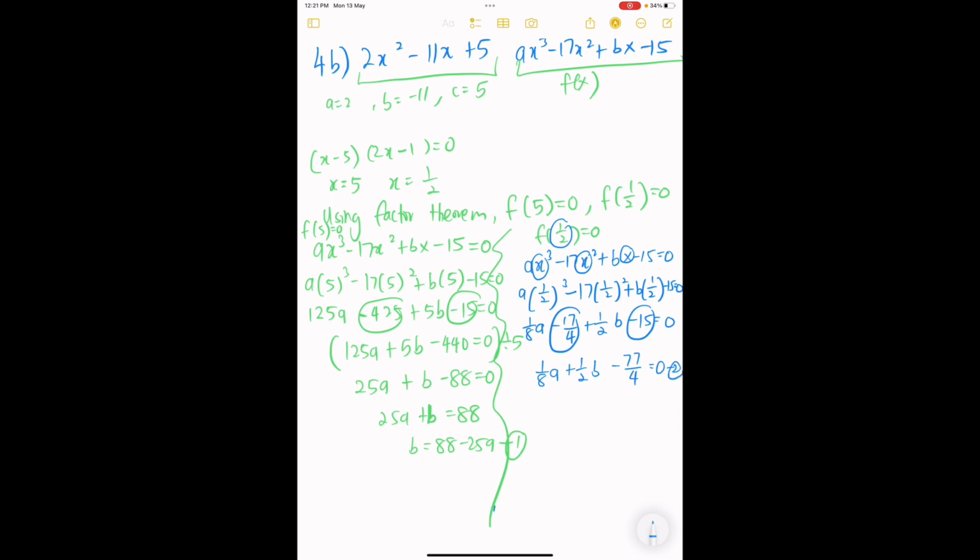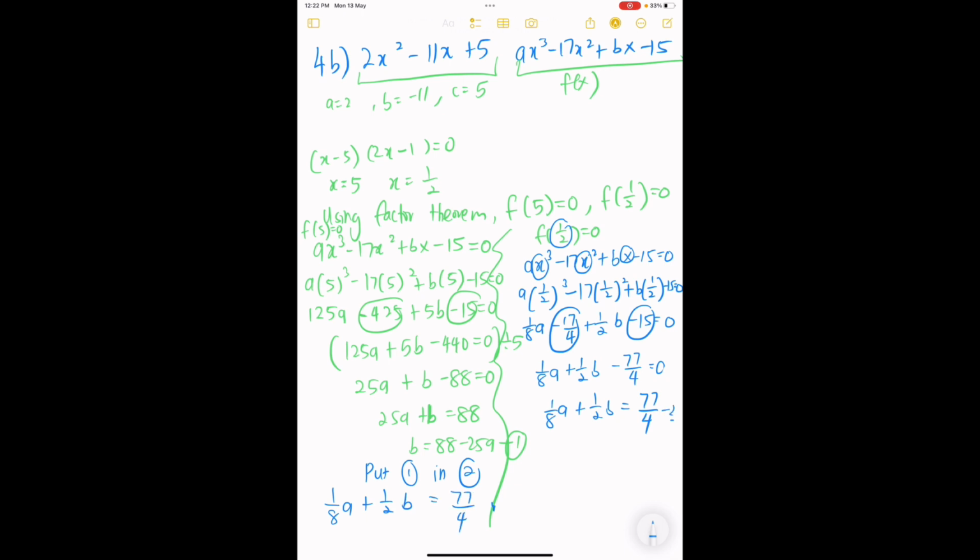So by using simultaneous equation, put 1 in 2. So you can also make it like this. A and b at the left side, number at the right side. Okay, so 1/8a plus 1/2b equals 77/4.